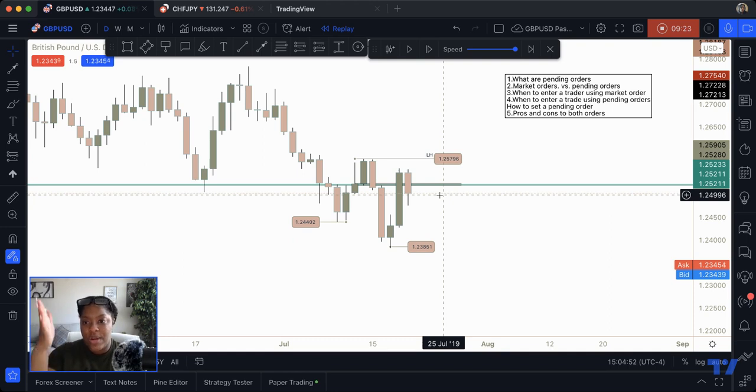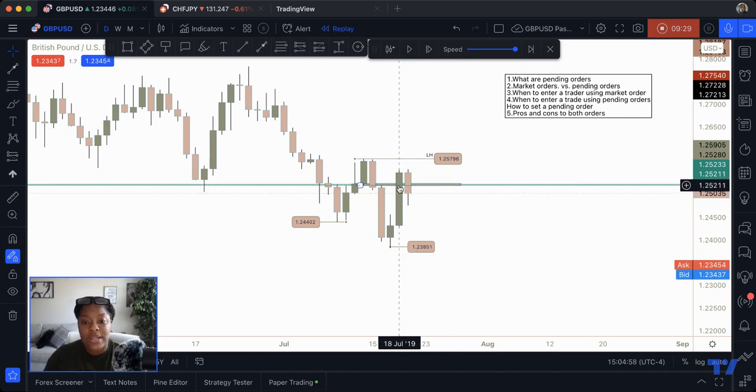Okay. Now, if you entered the trade with a market order, well, here's a con. The pro is you entered at 1.25211. If you've entered here, you've entered at a lower price, so your stop loss is bigger. Here, your stop loss is smaller if you're triggered into the position. So we call this fighting for the best price.